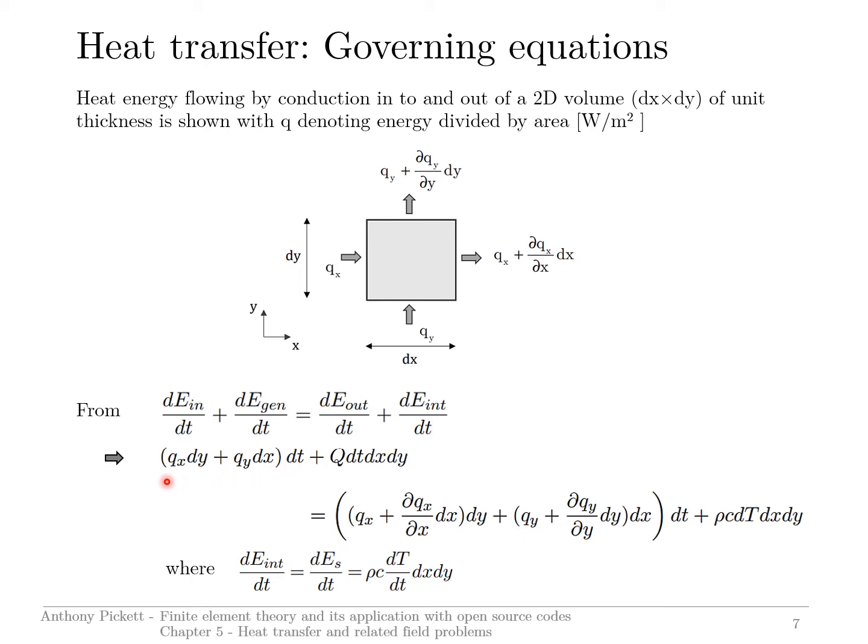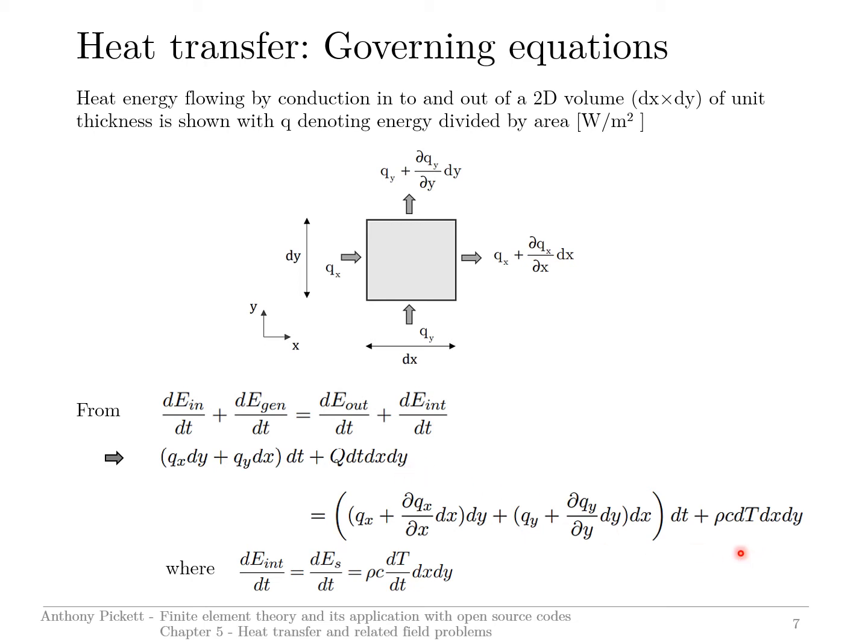So this becomes the inflow of energy, and this is our expression for outflow of energy. The energy generated is given here. It's the Q due to the possible internal heating source, multiplied by the time interval dt and the volume dx dy.